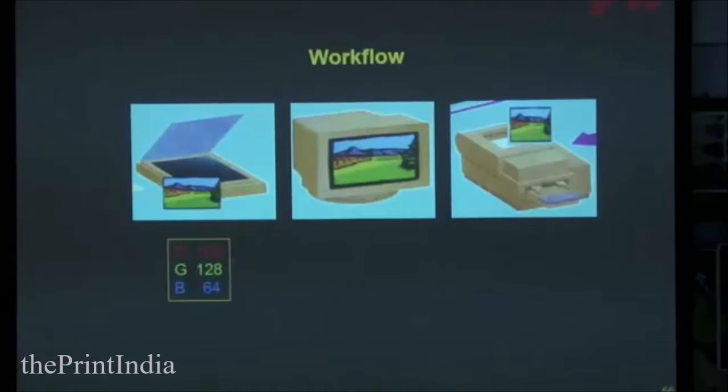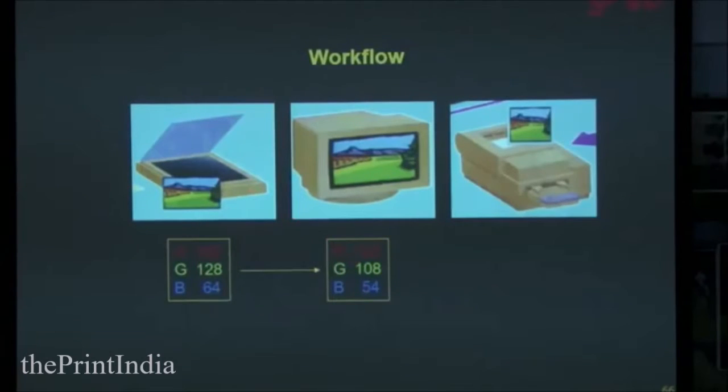Colors are reproduced using three basic lights: red, green and blue. So this is a particular value of, say, X color. That color is displayed on the monitor. So what it does is, this particular color that the scanner has scanned, it looks for the nearest match on the monitor. So the monitor's nearest match probably could be something like this.